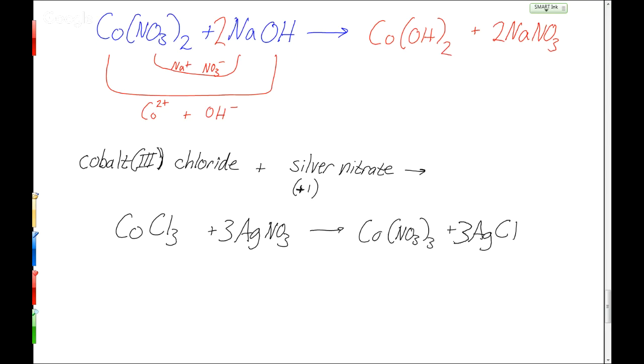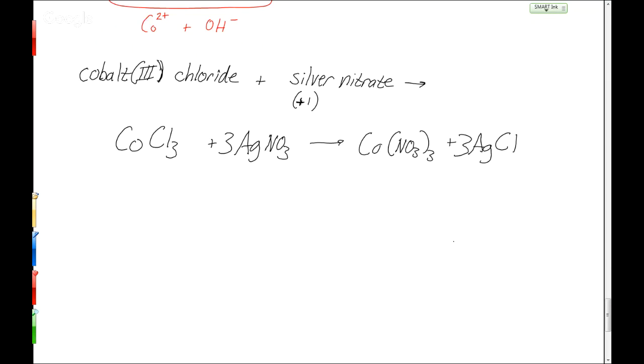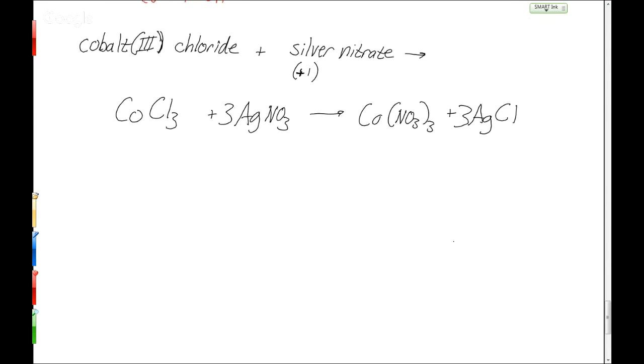So since cobalt has a 3+ charge and nitrate has a -1 charge, when you write the product side, would you write then CoNO3? Close. I was with you all the way. Co(NO3)3, yes, there you go. Yeah, so this one would be CoCl3 plus AgNO3.